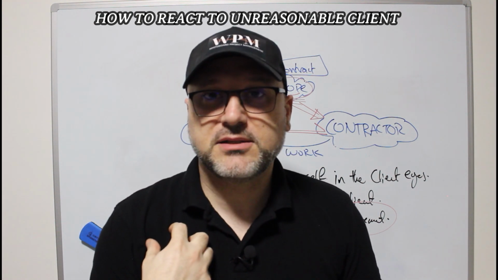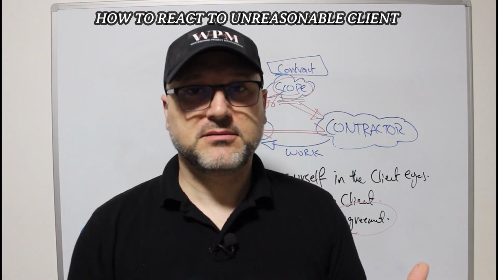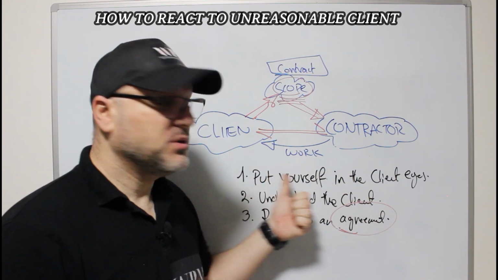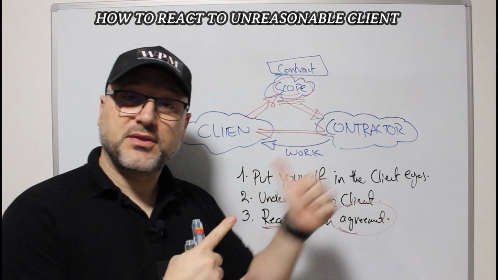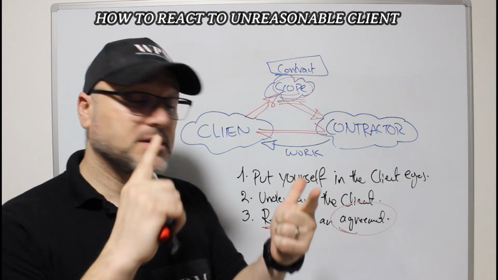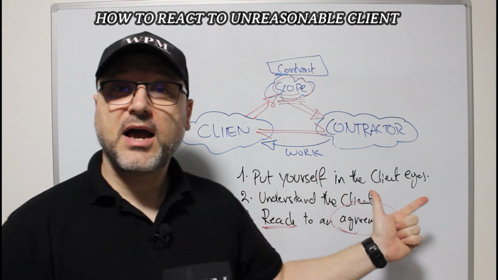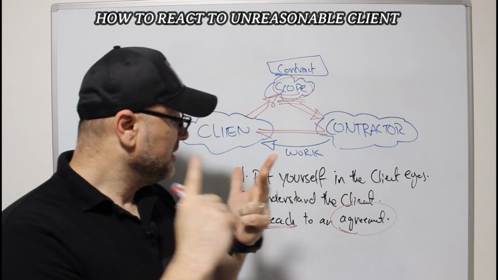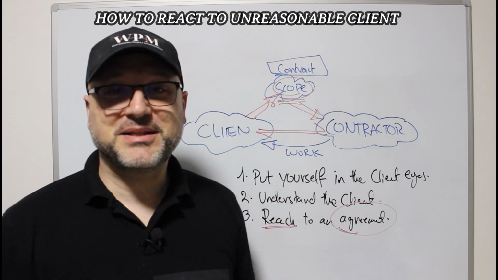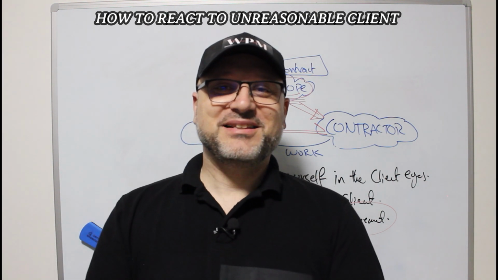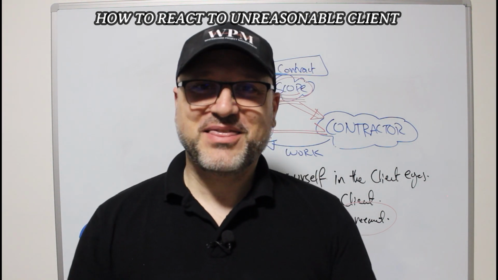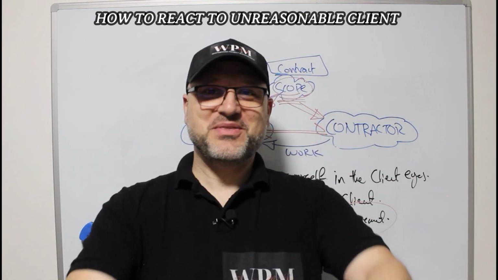How do you act? So first, put yourself in the client's eyes or in the second party's eyes. Second, understand the client. Third, reach an agreement. Simple steps that can be applied all the time. Thank you for watching and see you in the next episode.